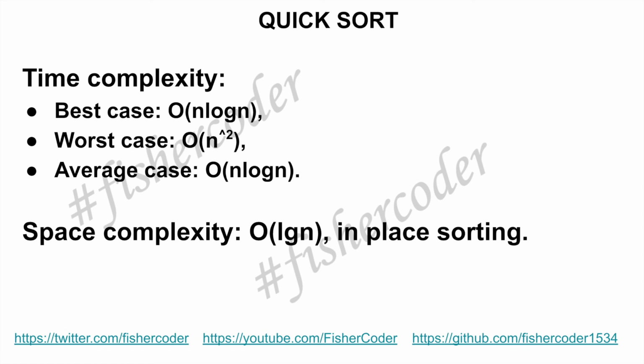Now I'd like to address one question we briefly talked about in the beginning of the video, which is the space complexity. I said it's in-place sorting, but why is it not O(1), instead it's O(log n)? Well, the reason for that, the extra space is the O(log n) stack frames due to the recursion nature of how quicksort is usually implemented. Of course, you could argue that you could implement quicksort iteratively, for example, using a loop instead of recursion.